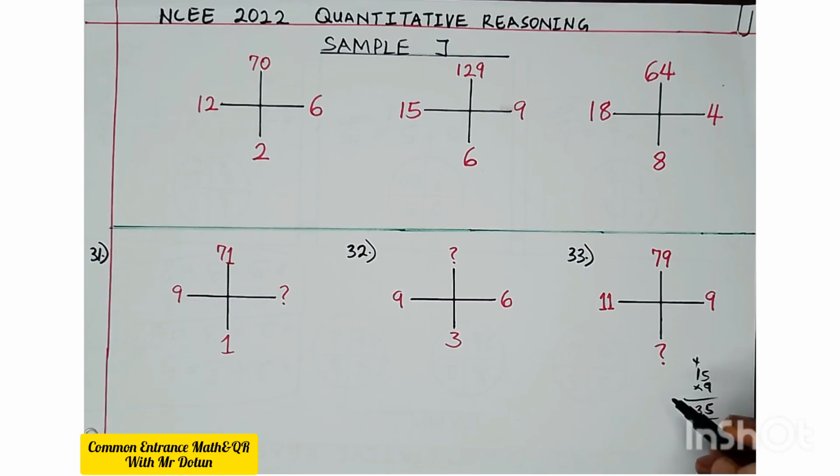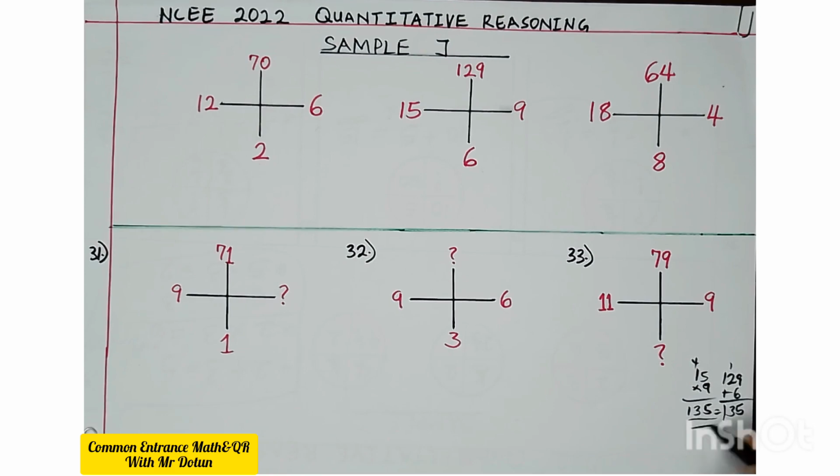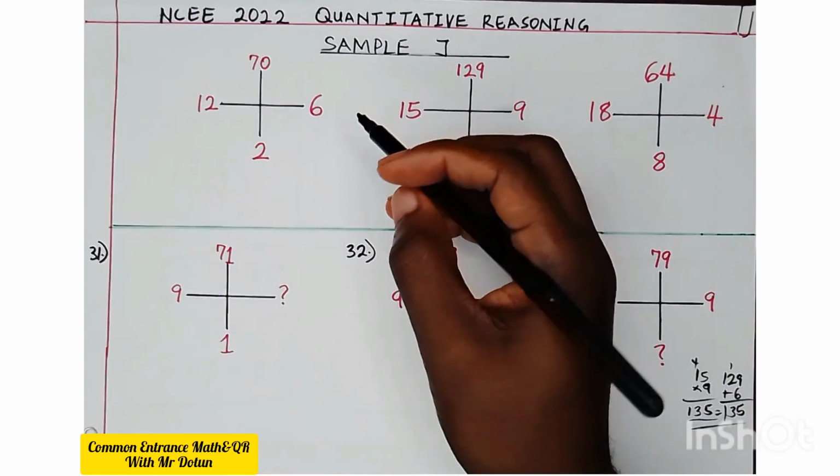So I'll check if 129 plus 6 is also 135. 6 plus 9 is 15, and 1 plus 2 is 3, and 135. So I think I got a balance there. 64 plus 8 is 72. Then 4 times 18, that's 40 plus 32, 72. So correct. I've used my balance to analyze the sample.